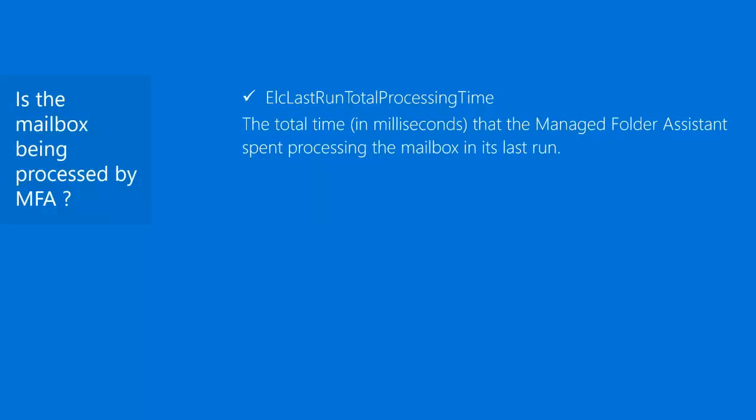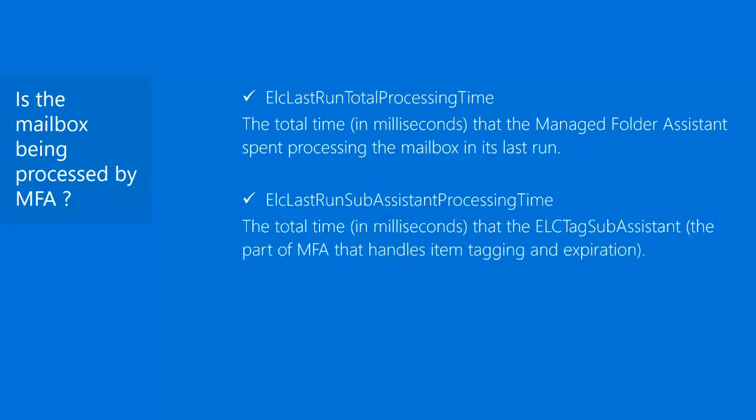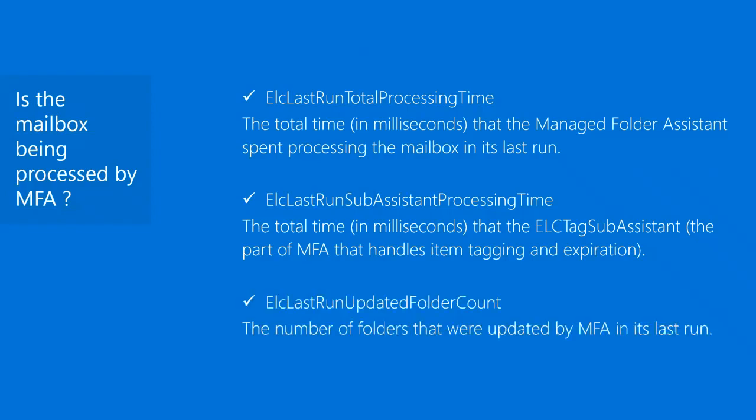Total processing time is nothing but how long MFA took to process the mailbox when it successfully ran on the mailbox, and how long the ELC tag sub-assistant took to tag the items for the specific mailbox depending upon the tags available for that policy. Updated folder count is the number of folders that were updated by MFA in the last run.